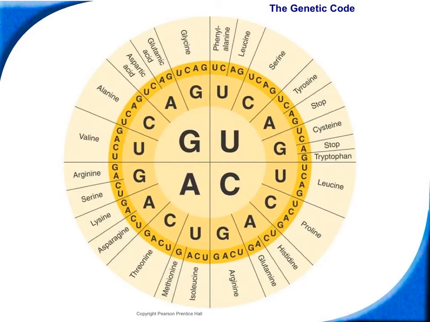For example, if we were looking for AUG, we would start here with the A, and then we would go to the next ring and find the U, and the next ring we would find the G, and that tells us methionine. These charts come in various forms, but they all work basically the same way. You put your codons together, your bases to create a codon, and it will tell you which amino acid you are creating.